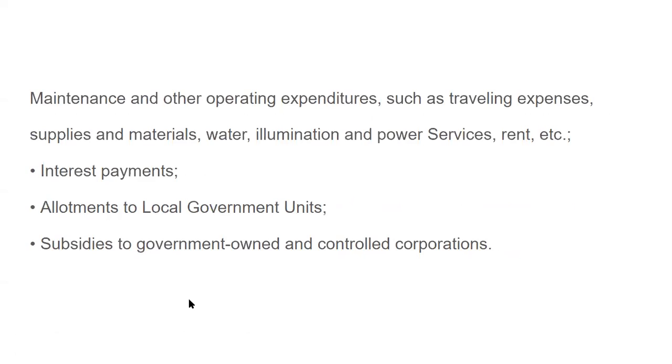Now, maintenance and other operating expenses or MOOE. The first one is PS or personal services, while the other one is maintenance and other operating expenses, such as traveling expenses, supplies and materials, water, illumination, and power services, rent, etc. Also interest payments, allotments of the local government units, subsidies to government-owned and controlled corporations.